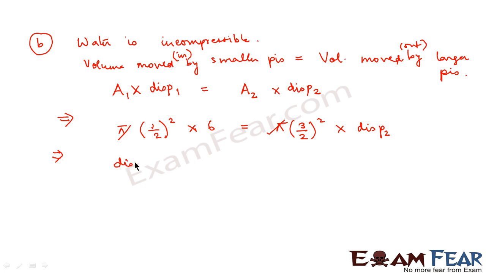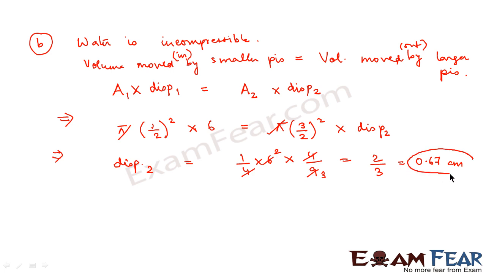So we can say displacement 2 is equal to 1 by 4 into 6 into 4 divided by 9. So this 4 and 4 will get cancelled. So we get 6 by 9, which is 2 by 3. So this is 0.67 centimeters. So this will be the displacement by the larger piston.